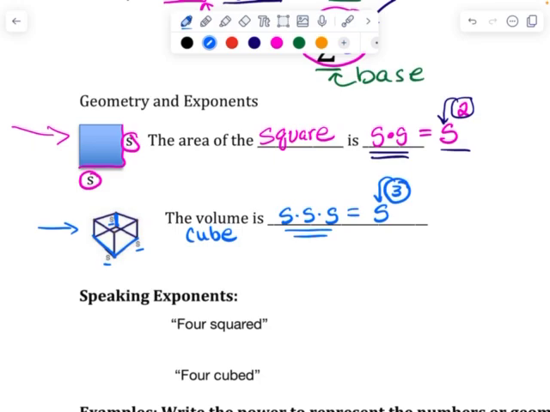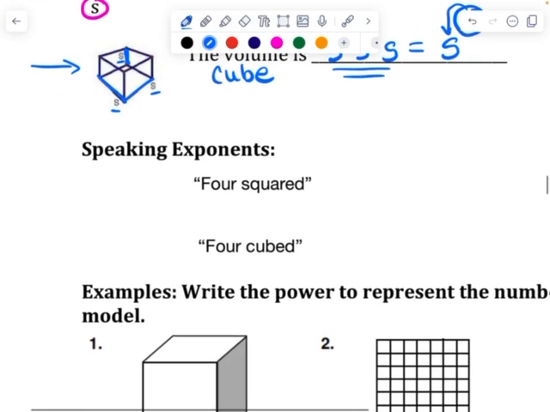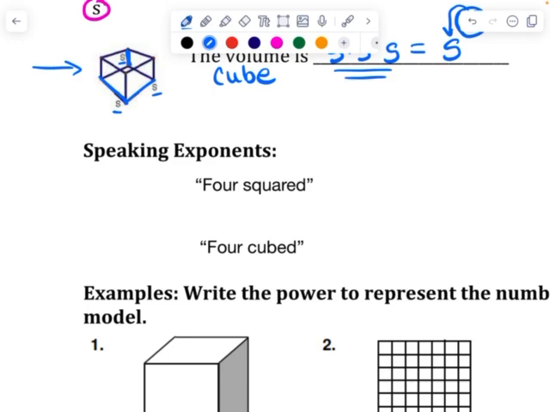So when we talk about speaking exponents, if I say 4 squared, that's referring to 4 to the 2nd power. Squared refers to an exponent of 2. 4 cubed, 4 to the 3rd power, or 4 to the power of 3.